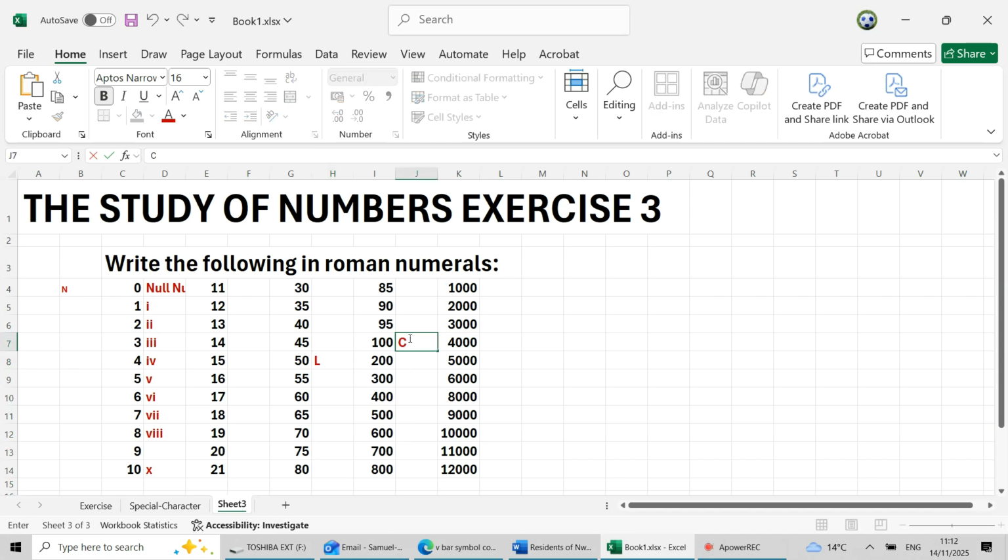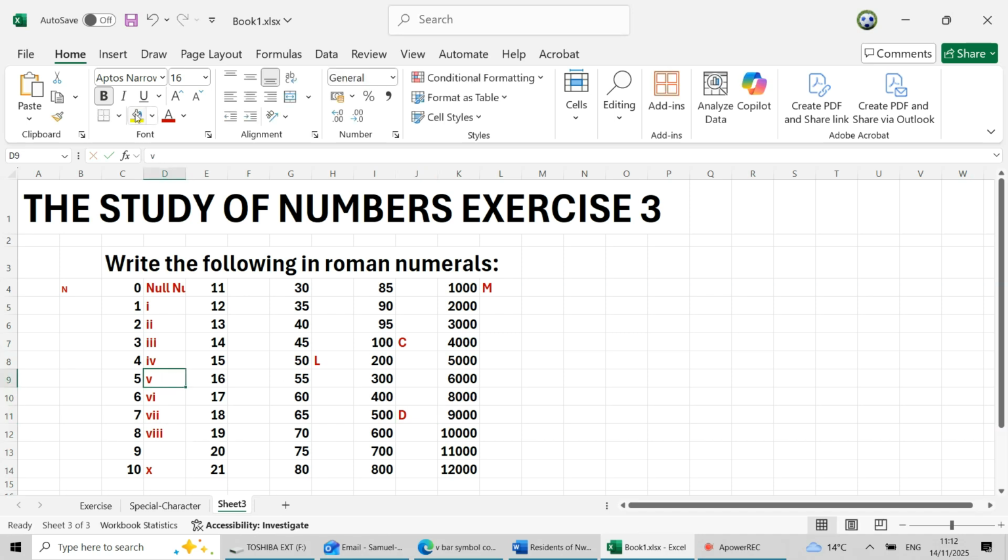C can be repeated 3 times at most, and we have M for 1000. Then we have L for 50, which cannot be repeated, and D for 500.